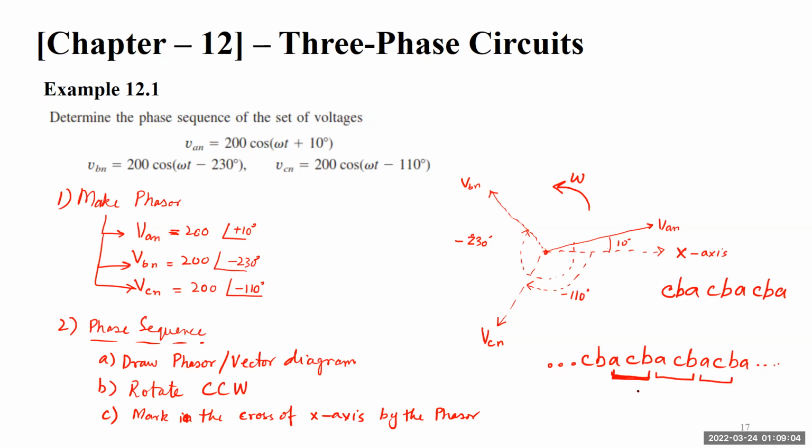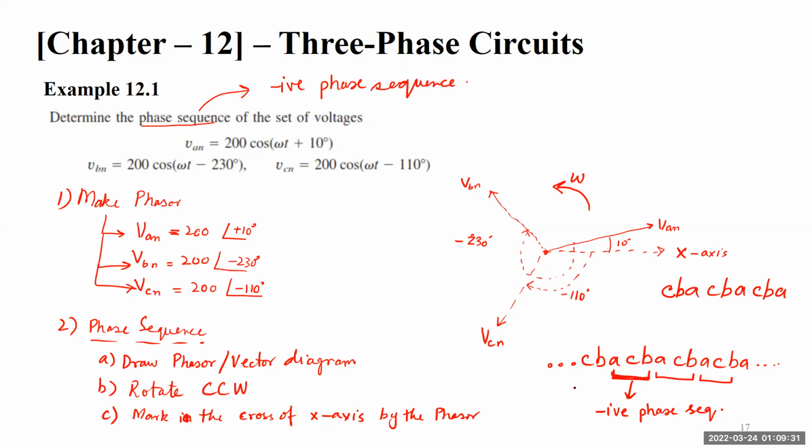So remember, ACB is a negative sequence. So this ACB is a negative phase sequence. So for this case, the phase sequence is negative.